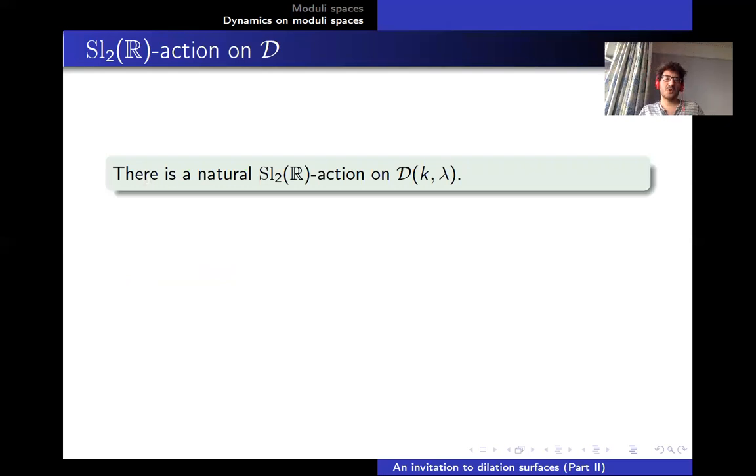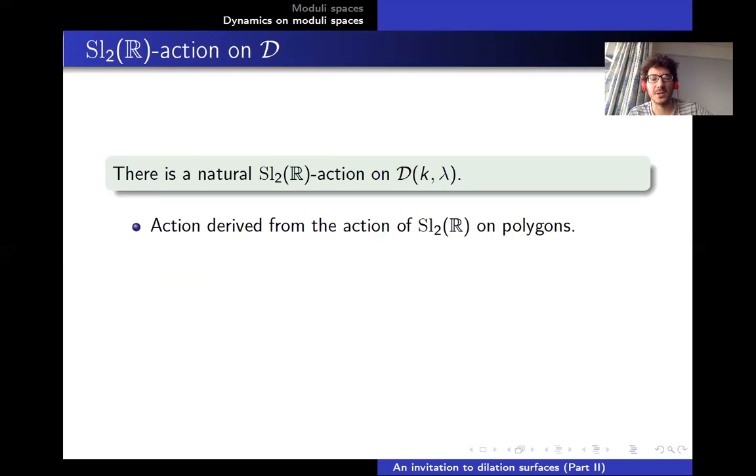Okay, so first thing to introduce is the SL2 action on this dilation surface moduli space. If you know of translation surfaces, you already know what I'm talking about, but the group SL2 acts on polygons in the plane. And what we've seen is that dilation surfaces could be constructed by gluing together bunches of polygons. This action preserves parallelism.